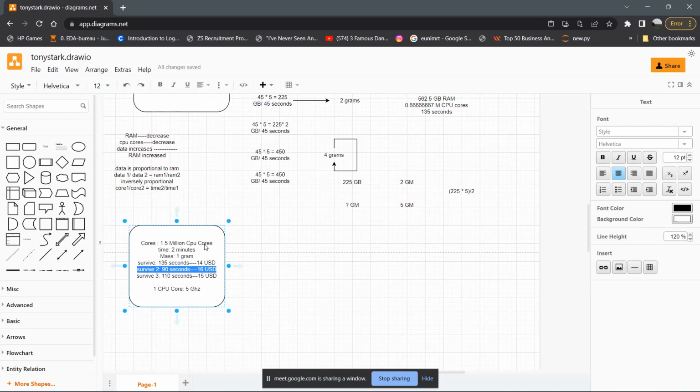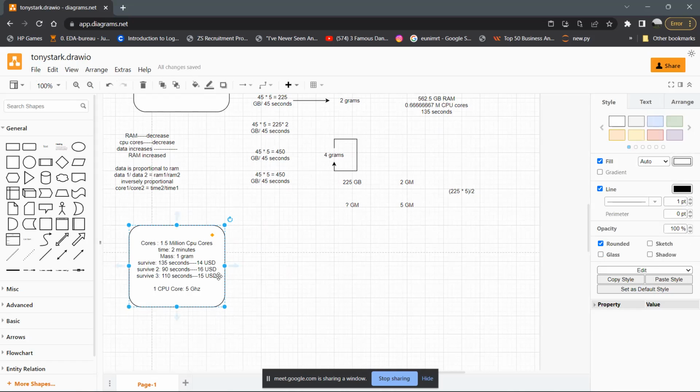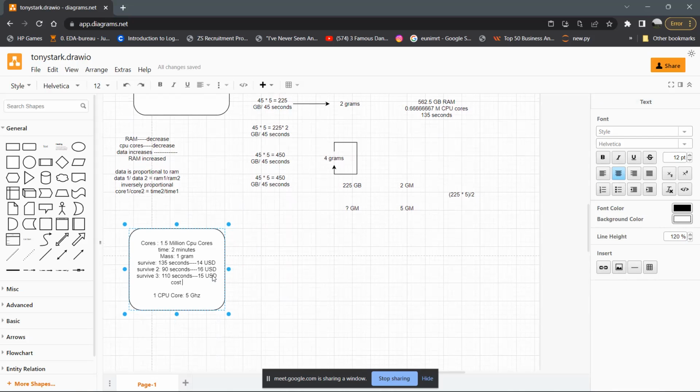Let's say we are having the cost of each CPU core. If you want to increase the number of CPU cores, let's say it's 300k USD.